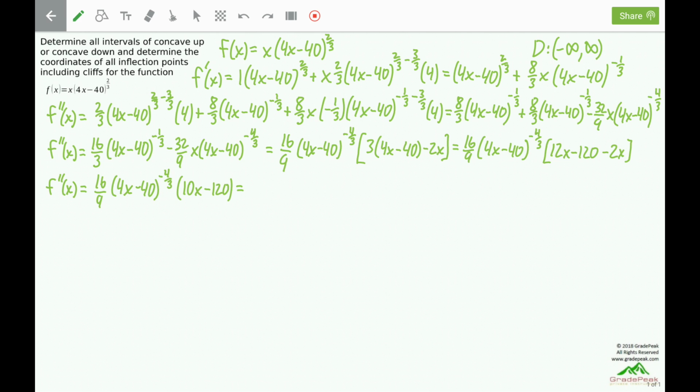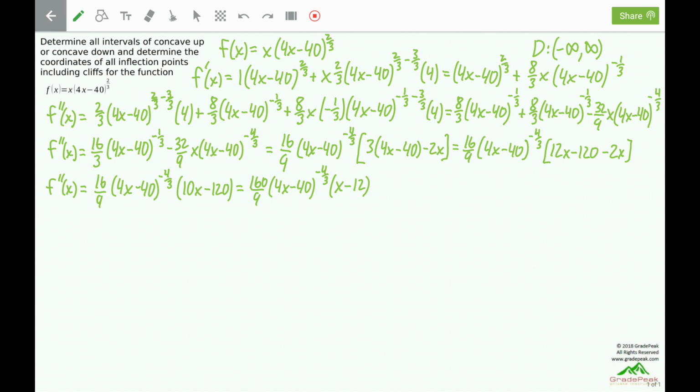Multiplying the numerators, 16 times 10 will be 160. So we'll have 160/9. There will be a 4x minus 40 to the negative 4/3 power, and factoring out a 10 will be x minus 12.